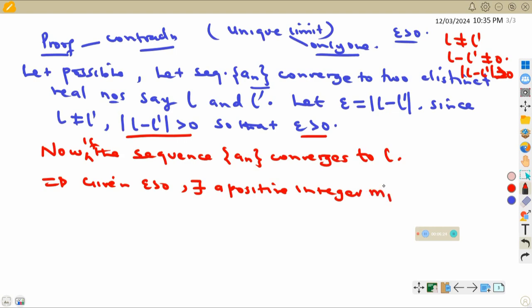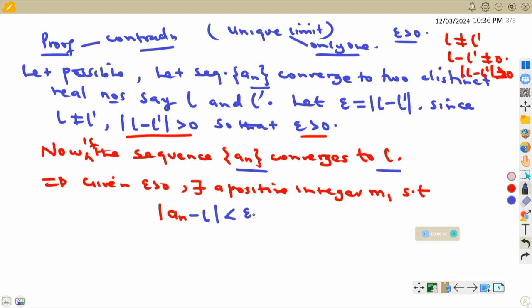And remember, this m1 depends on epsilon, such that the absolute value of an minus L, we are saying an converges to L, which means by definition this will be less than epsilon.